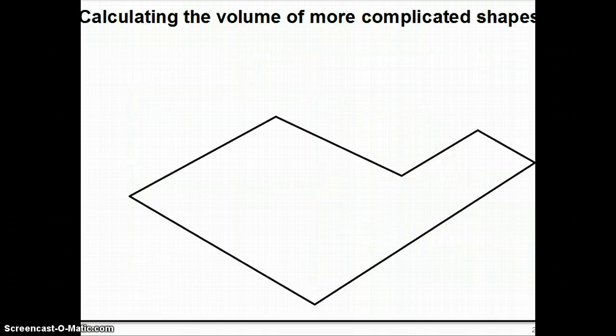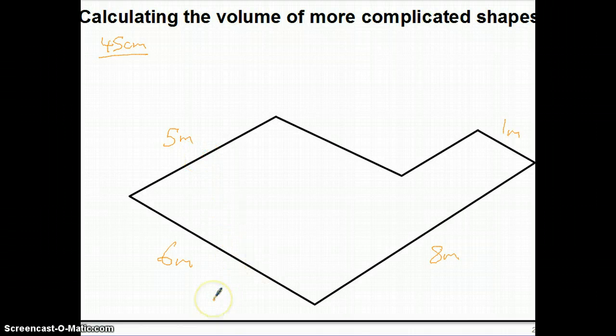Okay, so calculating the volume of more complicated shapes. Let's say you are pouring a concrete slab that looks like this, and it has to be 45 centimetres deep. So you know what the shape of it is, and you know that it's 45 centimetres deep, and perhaps you know that this is 6 metres, 8 metres, 1 metre, and 5 metres there.